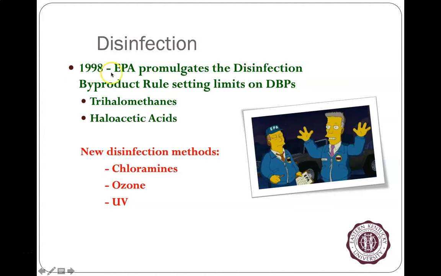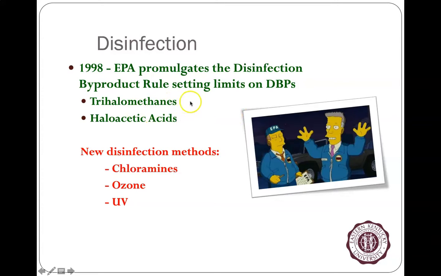Another reason was, in 1997 and 1998, when EPA put their rule out in response to congressional action from the year before, EPA promulgated the disinfection byproduct rule. And they said that these disinfection byproducts, THMs, trihalomethanes, and haloacetic acids, HAAs, are dangerous for people's health. Therefore, we need less of them in the water so we can have less cancer.